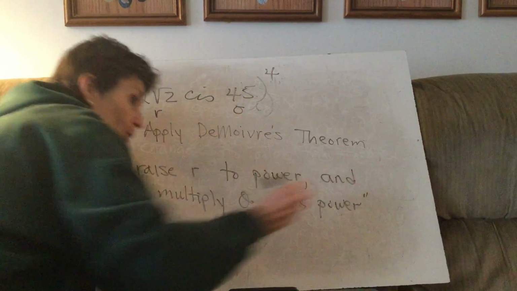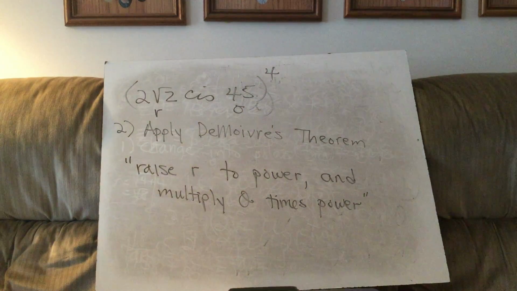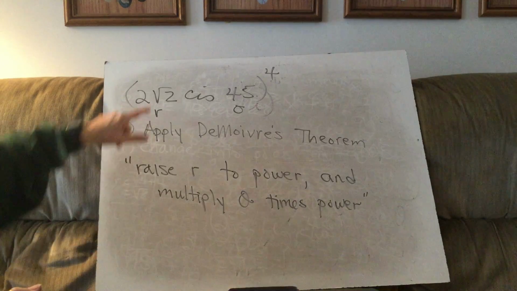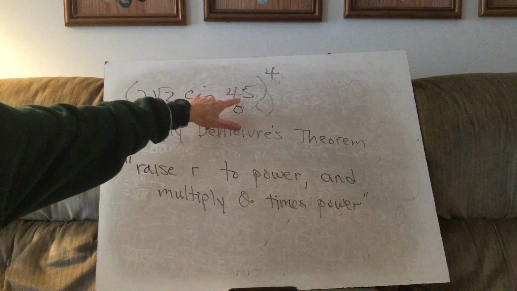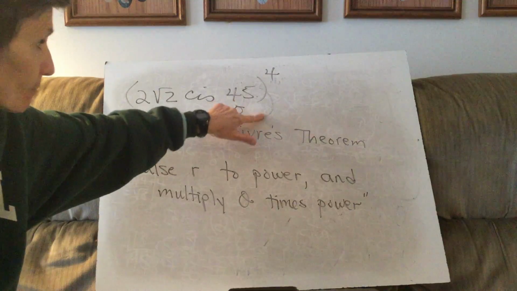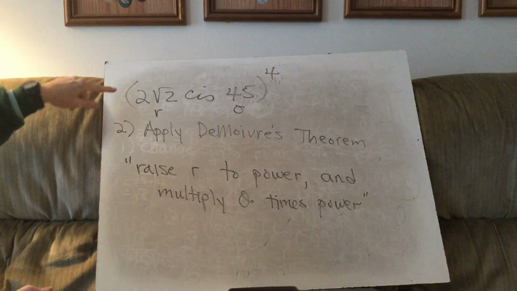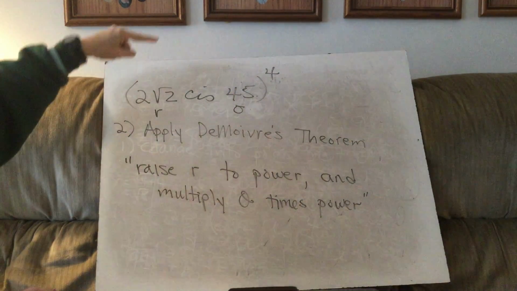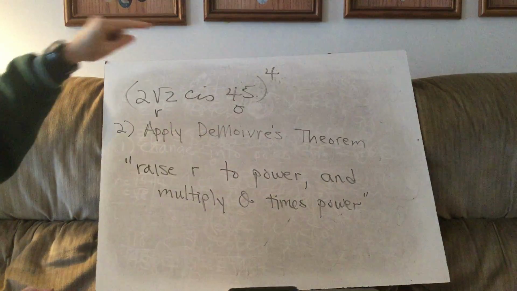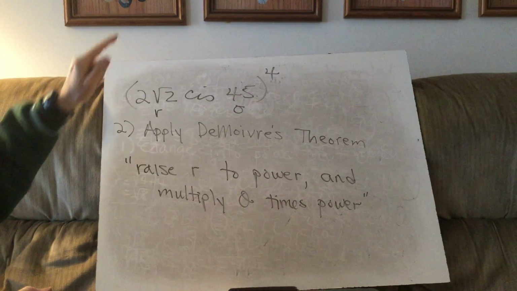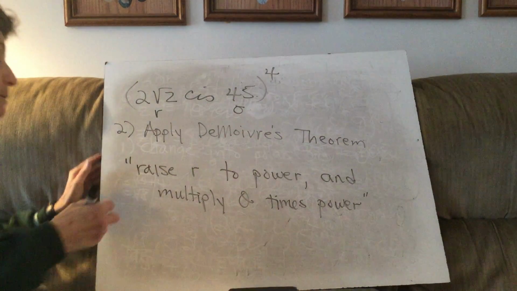That's how de Moivre works. Okay, very simply, that's how it works. This is your r, this is your theta. So we are going to raise r to the power and multiply theta times the power.